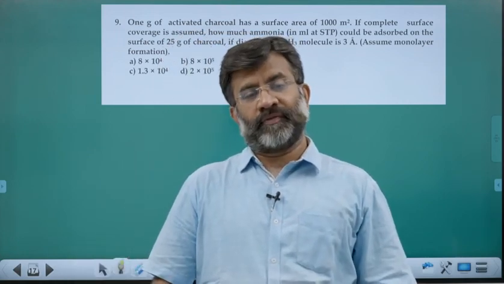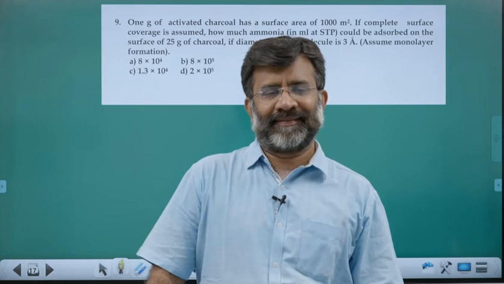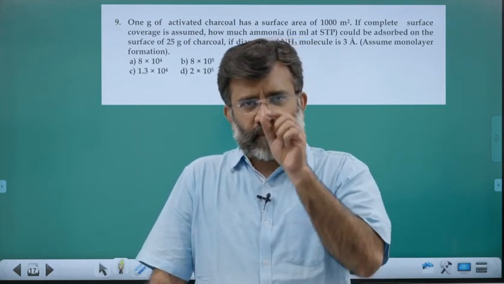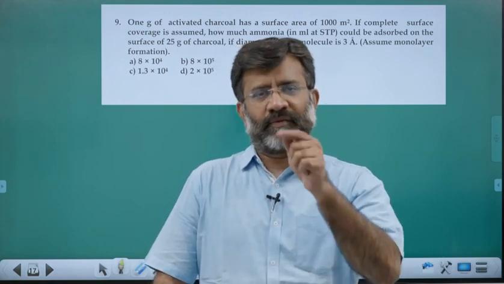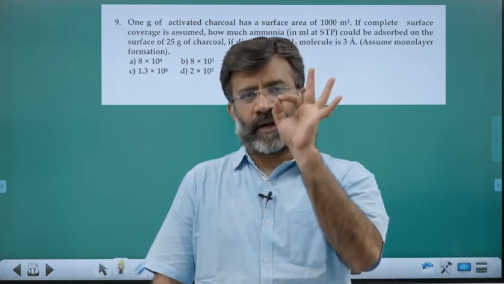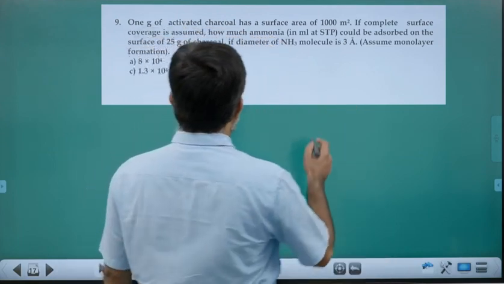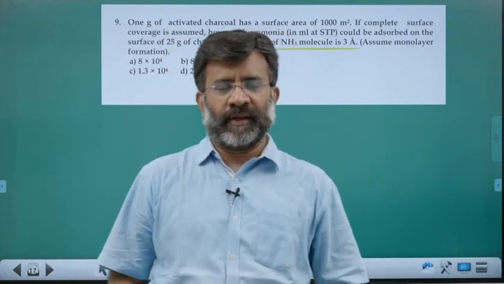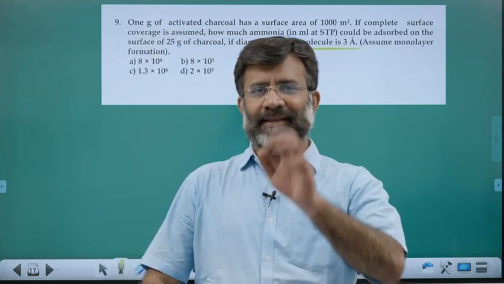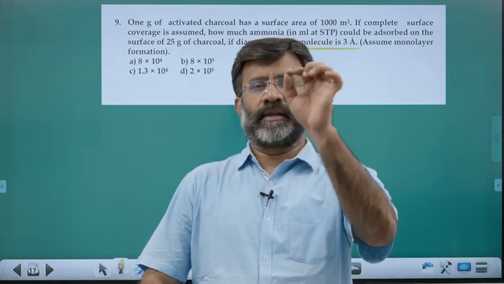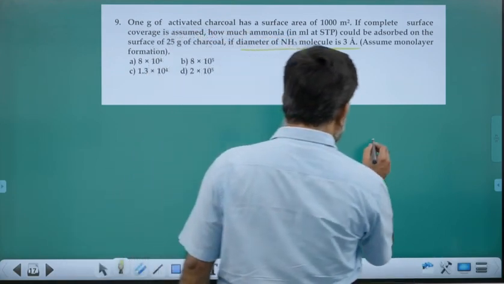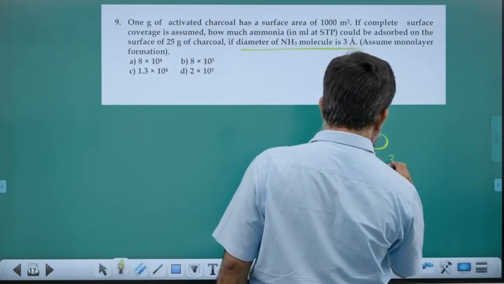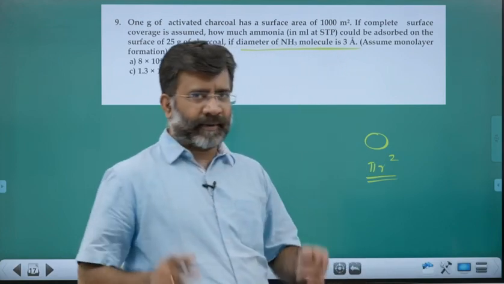So what about 25 gram charcoal? 25,000 meter square. Okay. What is the area covered by one ammonia molecule? You can find out as the diameter of the ammonia molecule is given. Once the diameter is given, you can get the radius and thereby find out the area covered by one ammonia molecule, pi r square.